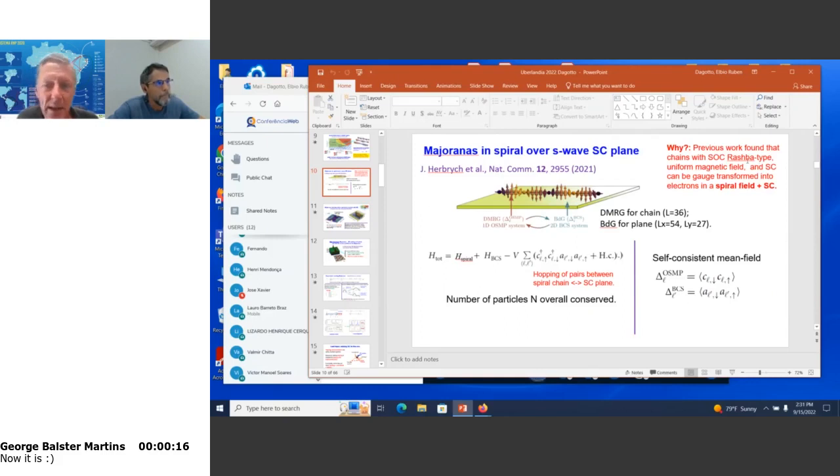There is a mathematical equivalence between those two. That's not an equivalence between correlation and topology. No, exactly. It's just two different ways of getting to the same place, in the sense of the Majorana, yes.